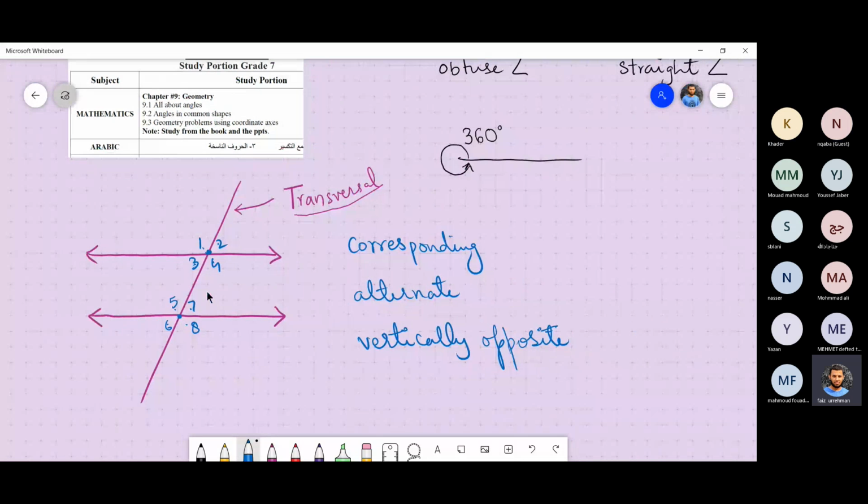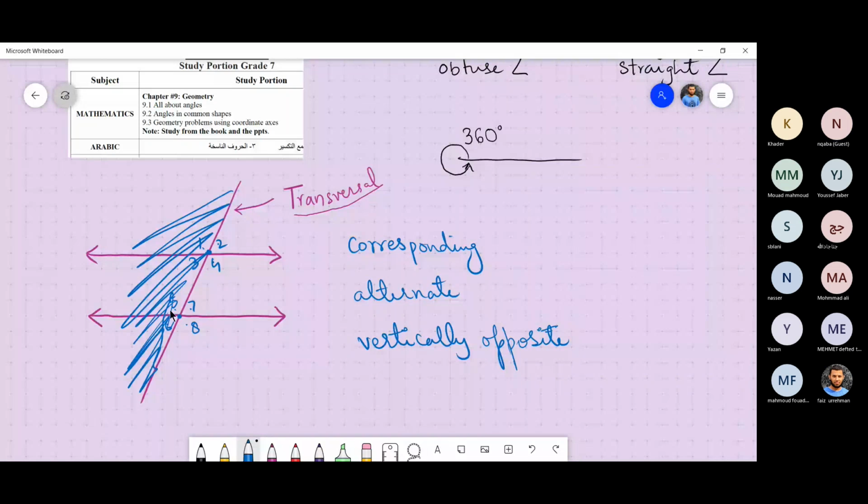So listen, I will explain. In corresponding angles, you have to hide one side. Hide this side. Now, how many angles can you see? 4. 2, 4, 7, 8. Correct?